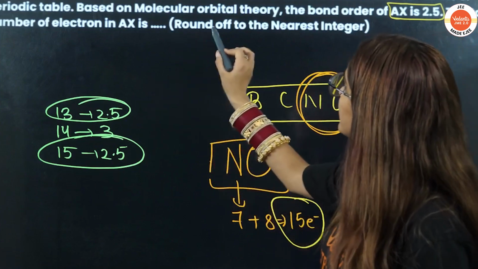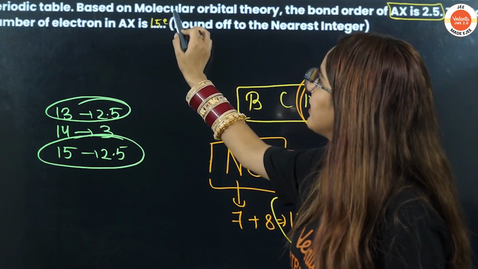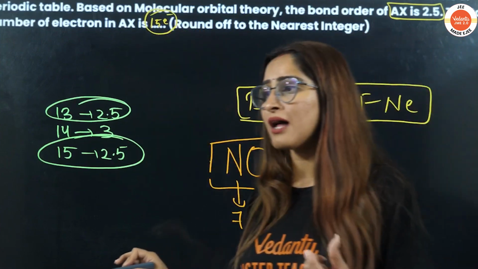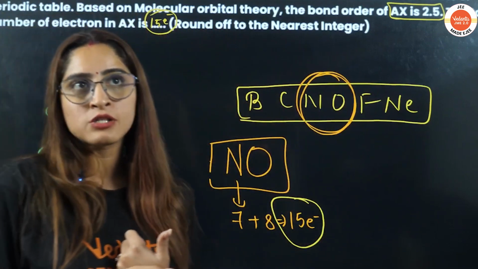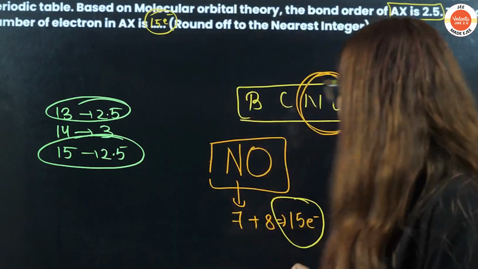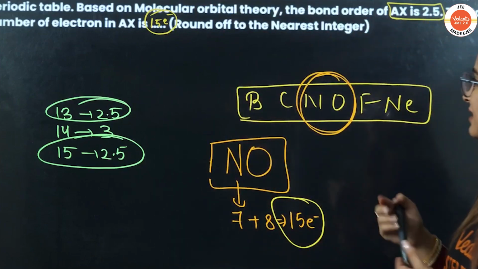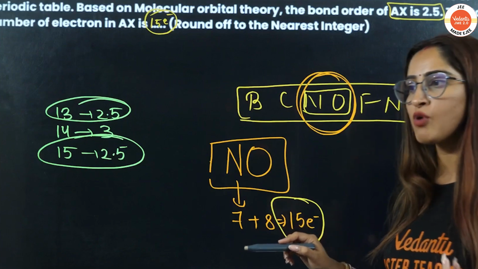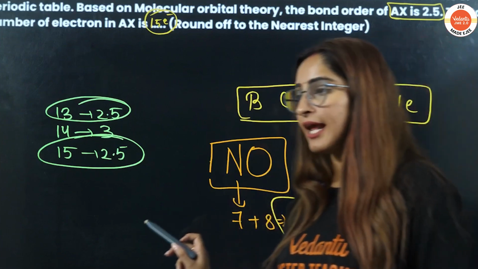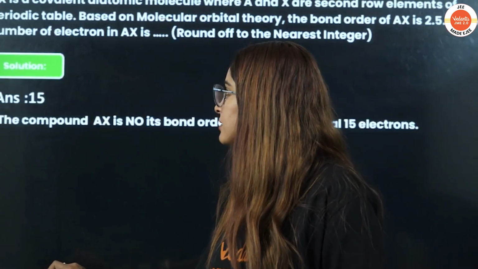Otherwise, the answer could only be 13 or 15, and out of 13 and 15, 13 is not possible here. The only possibility that we have is NO, so the answer is 15 electrons.